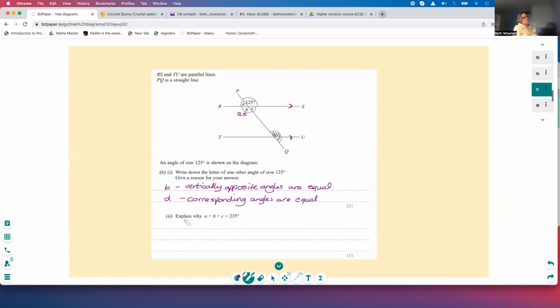So part 2 says explain why A plus B plus C is 235. Well, we know that A plus B plus C plus 125 is equal to 360 because angles around a point add to 360.